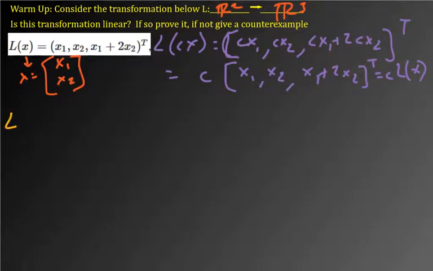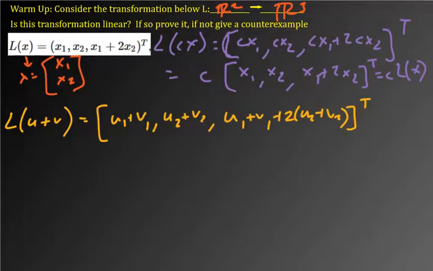And then for the addition part of the linear transformation, L of u plus v would look like this. I might actually switch to columns because I think there's space. Then I can multiply and group like terms.